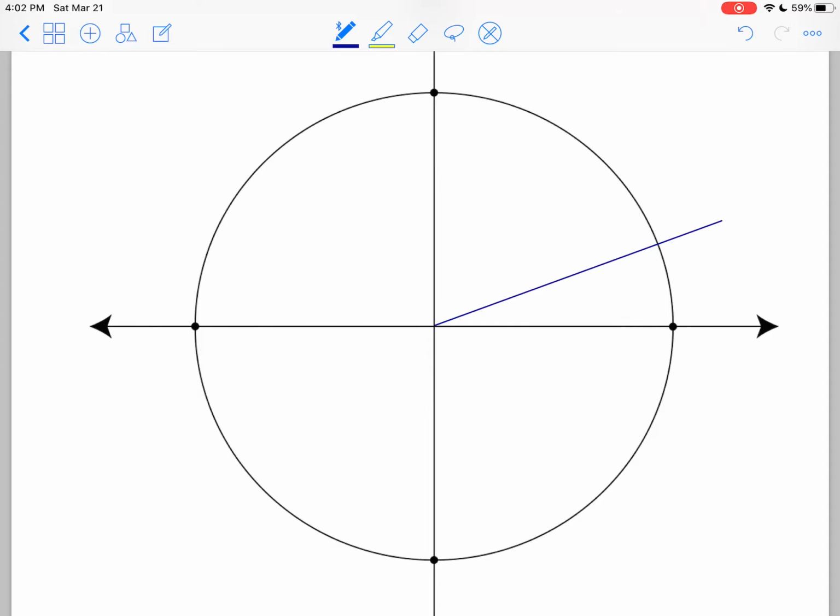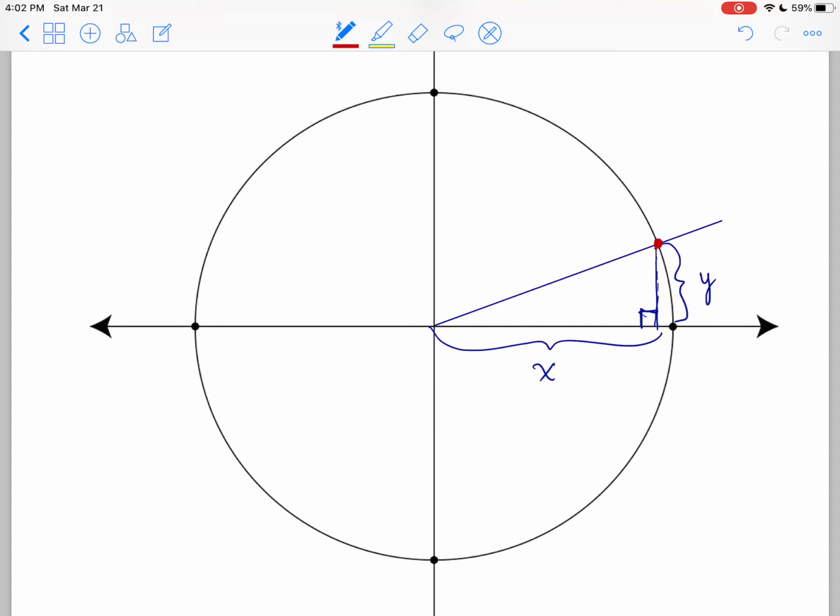A 30-degree angle actually creates a triangle here, a right triangle. Here's my right triangle. This length right here, the base of this triangle, is the x-coordinate. The height of this triangle is the y-coordinate of this point that I'm going to draw in red.